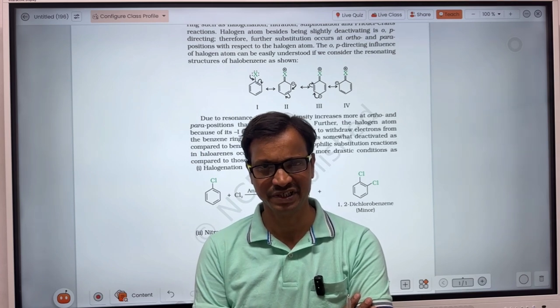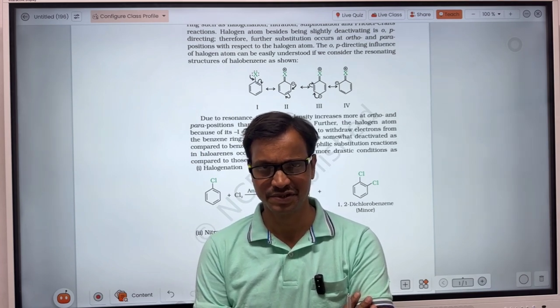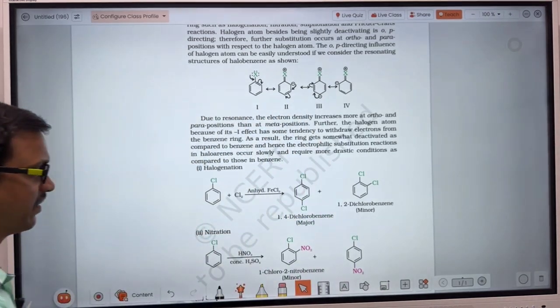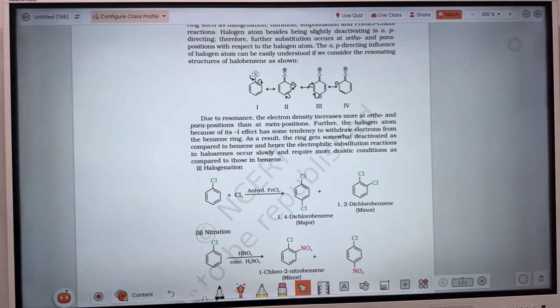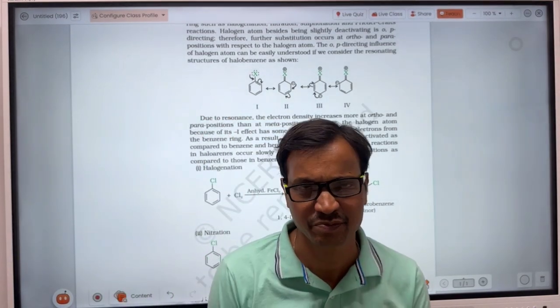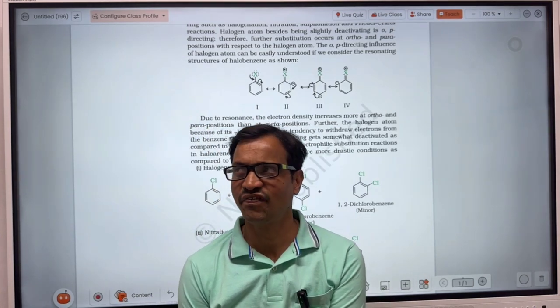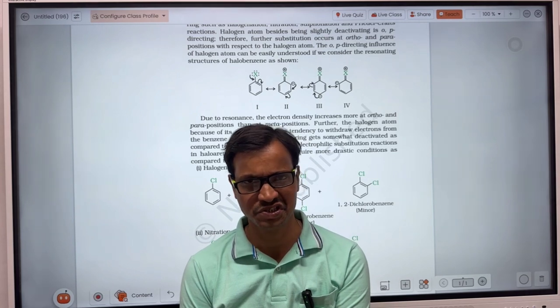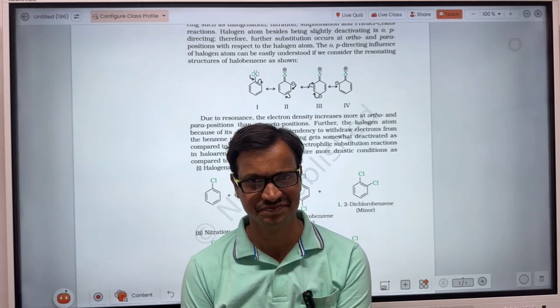In case of haloarene, when you draw the resonating structure, you observe that there was a free electron at the ortho position and at the para position. So the electrophile, which wants electrons, will be attracted either towards the ortho position or the para position.